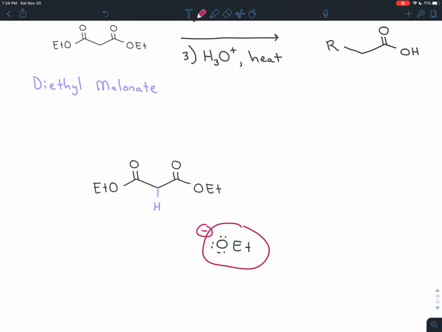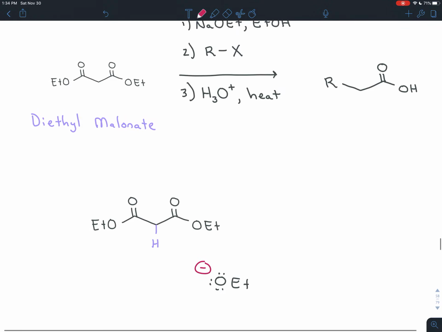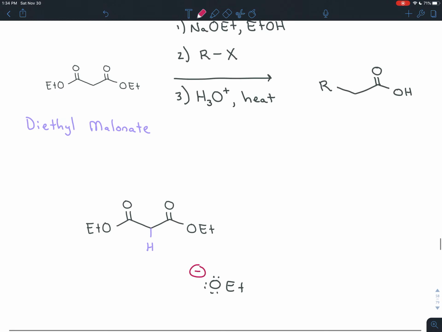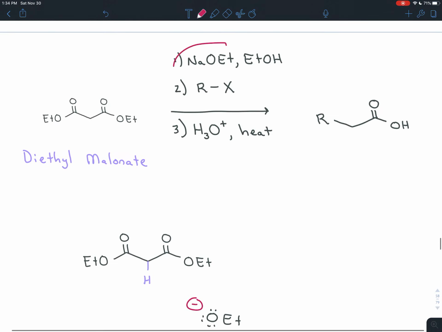So long as the base matches the ethoxy or the alkoxy group in the ester, that side reaction won't change your original molecule. So you want your base to match the alkoxy group of the ester.